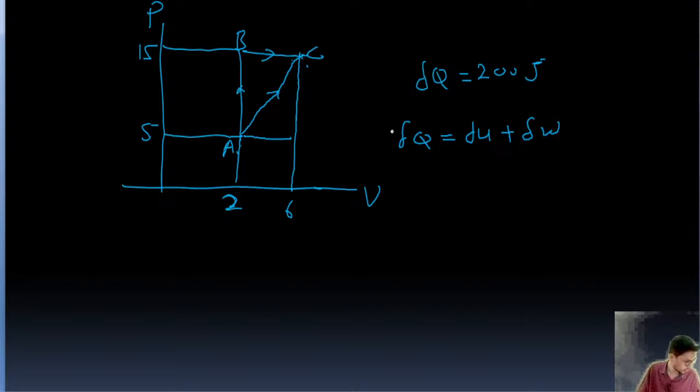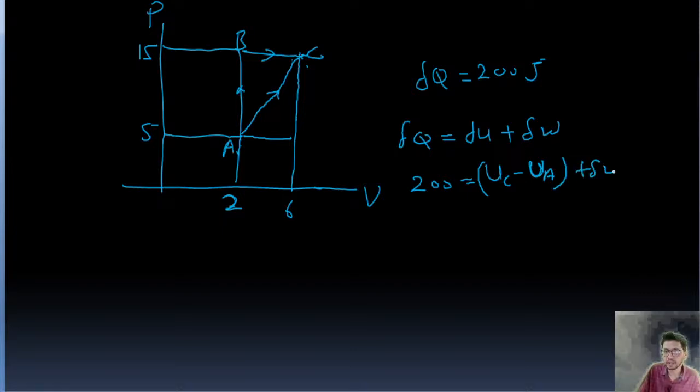Now we can write del Q, that is 200 joule, equal to dU, we can write UC minus UA, the change in internal energy, plus delta W. This is equation number 1.